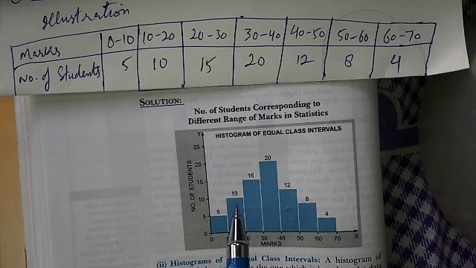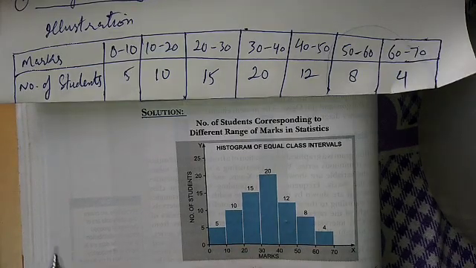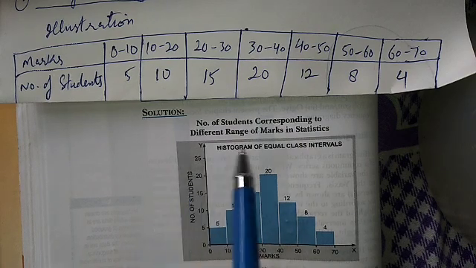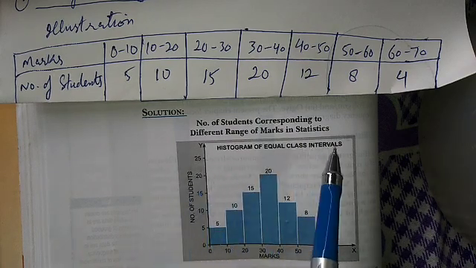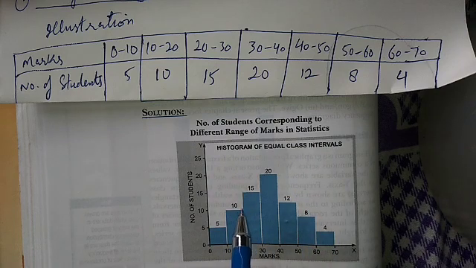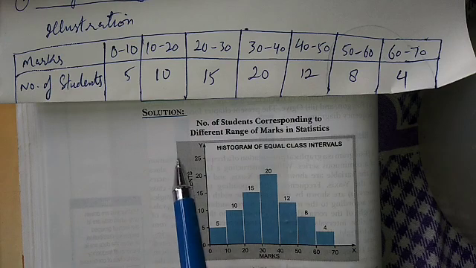Now you can see the number of students corresponding to different ranges of marks in statistics. This is the histogram of equal class intervals. The x-axis shows marks and the y-axis shows number of students.